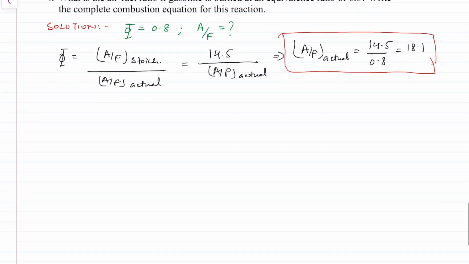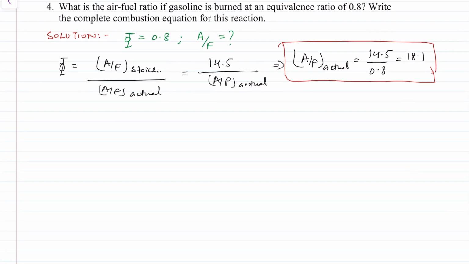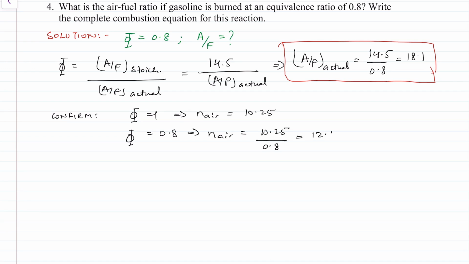And if you want to confirm this, when phi is 1, that means the moles of air are 10.25, and when phi is 0.8, the moles of air would be 10.25 divided by 0.8, which is 12.81.